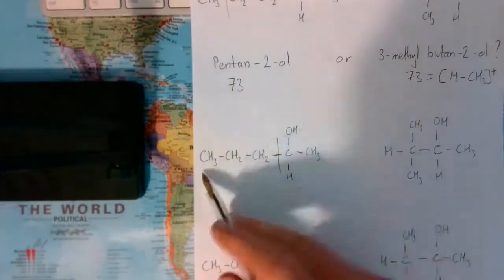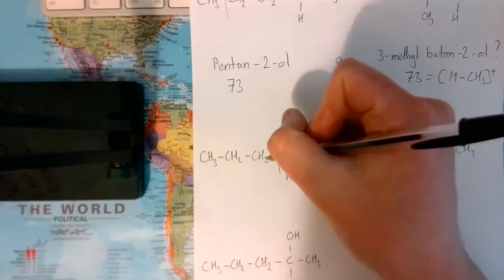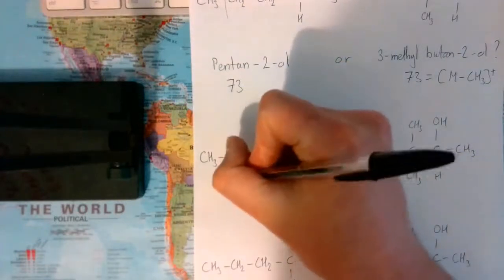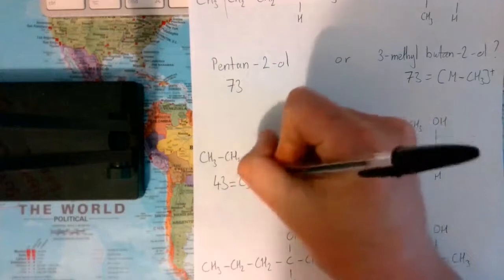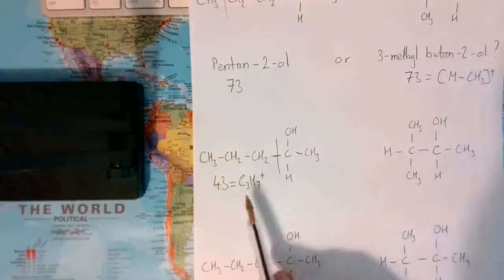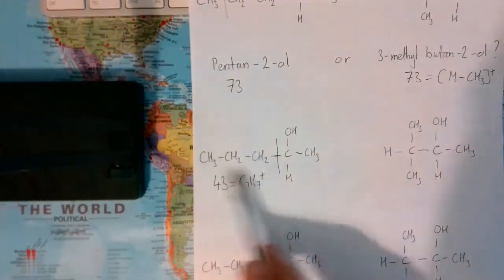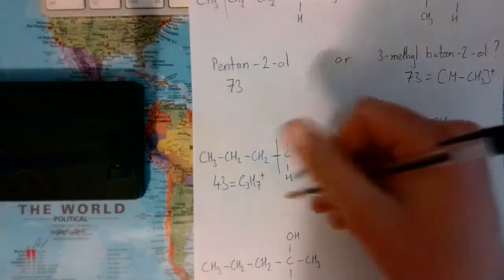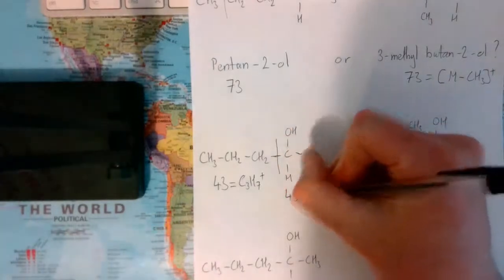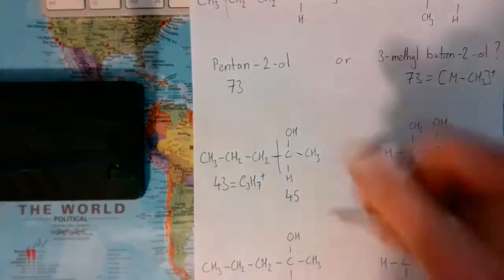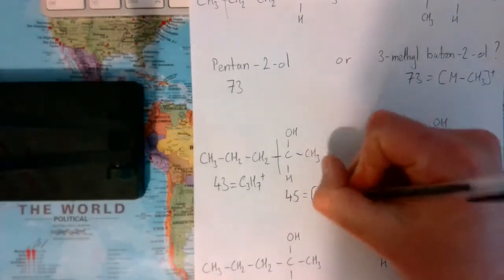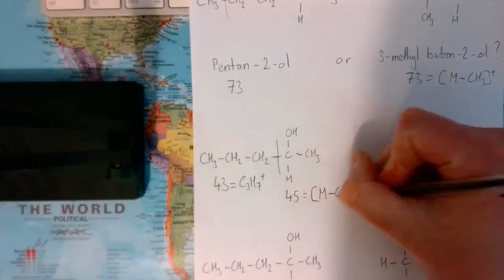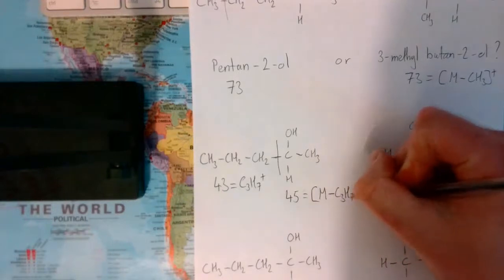Another really important number for you is 43. 43 equals C3H7+, and you would get potentially a peak at 43, and you would also get this peak here at 45, and you could write that this is the molecular ion with the loss of this propyl group.